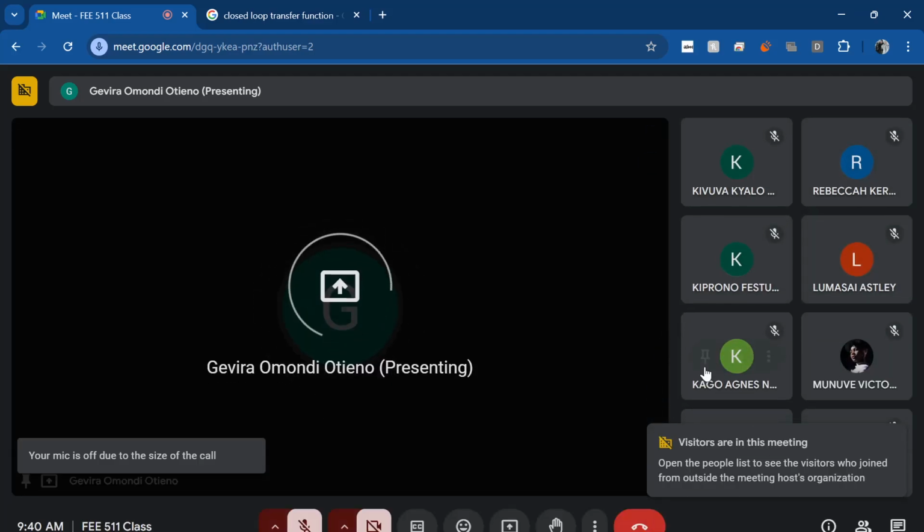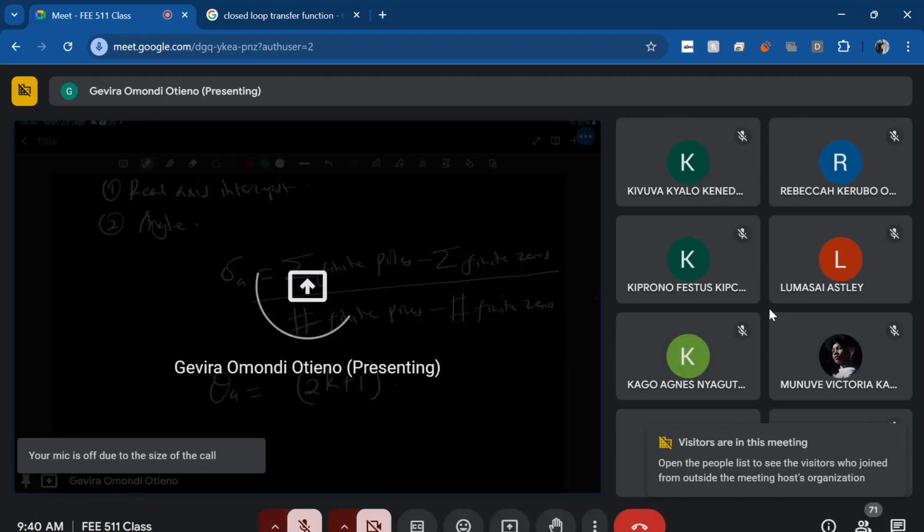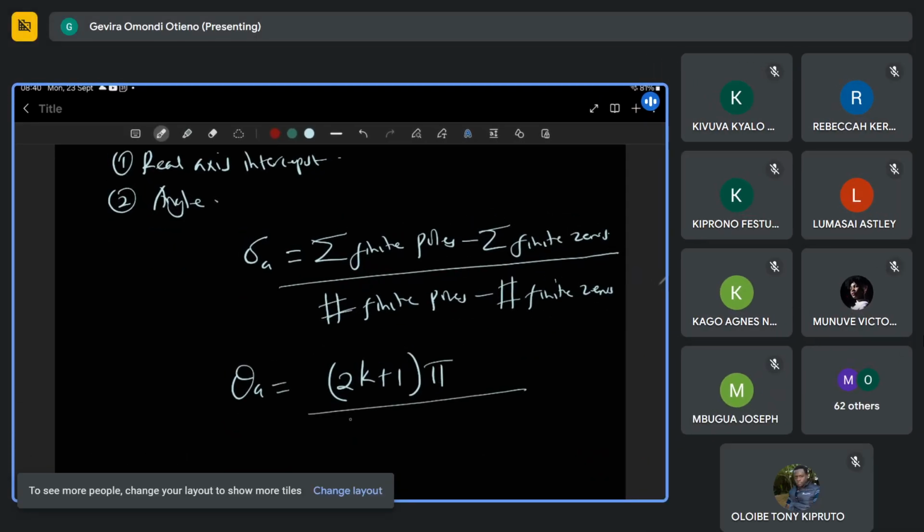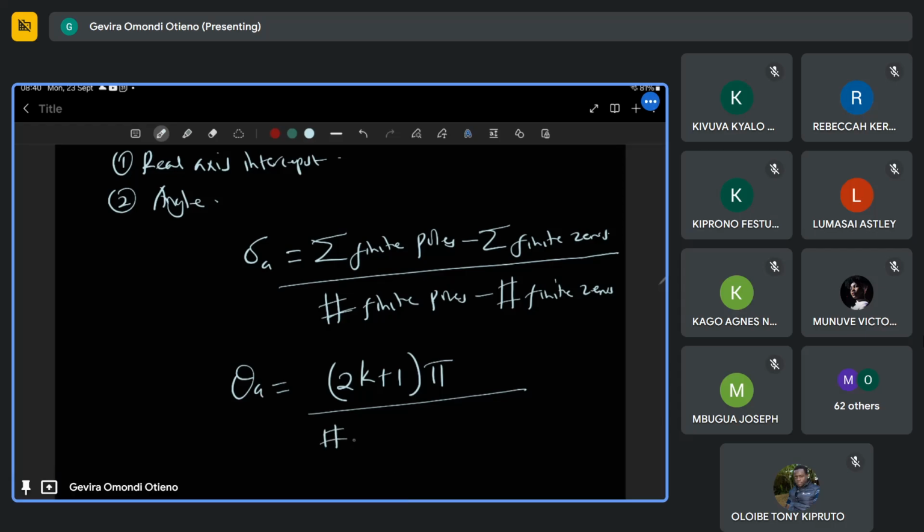Theta is given by 2k plus 1 pi. Remember, pi is 180 degrees, over the number of finite poles minus the number of finite zeros.